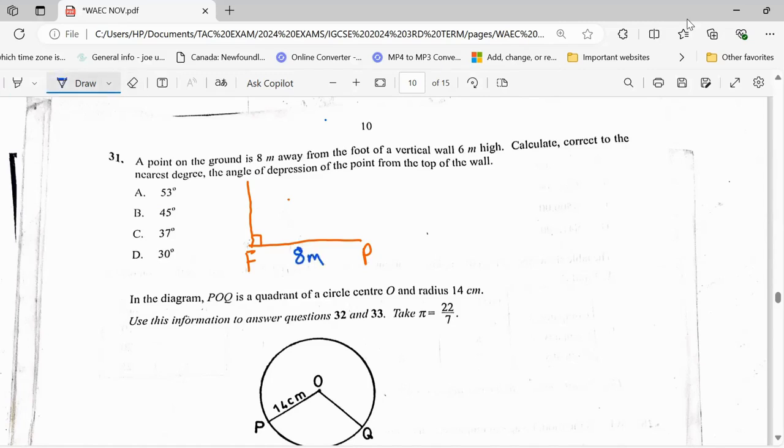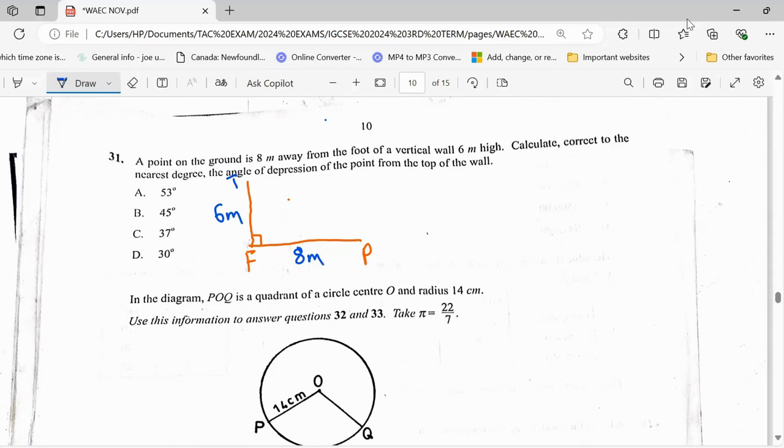So the point is 8 meters away from the foot of the vertical wall, and then this vertical wall is 6 meters high. Of course, you see the top. This is the top of the wall.